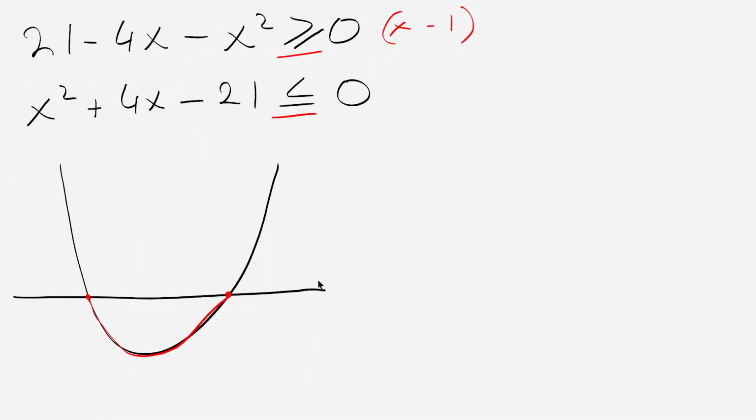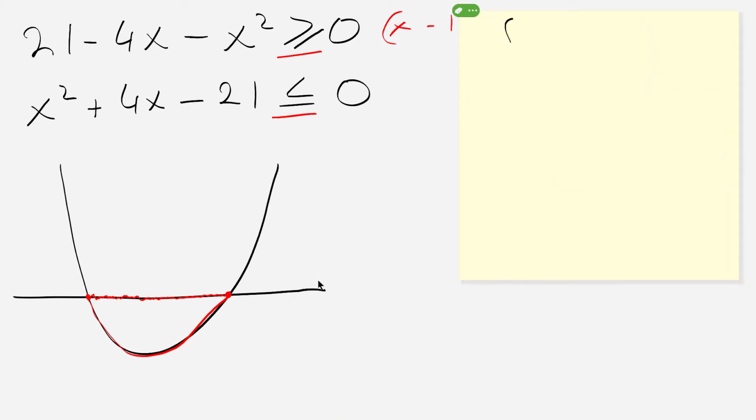So going back here, we care about the x values in between the two roots. These x values in here. What are those x values? Well, we don't know yet until we find the roots. So let's go aside here and find the roots.